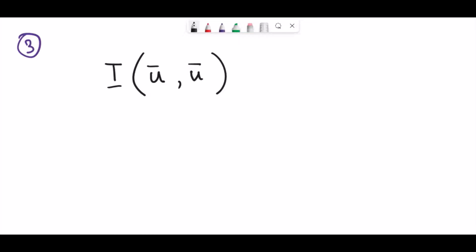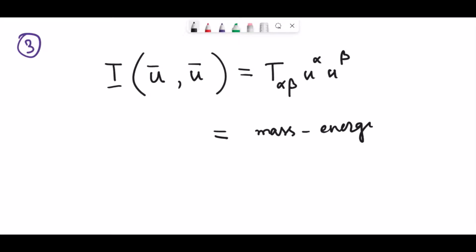In terms of components, this is going to give us T alpha beta, U alpha, U beta. And the meaning of this is very straightforward. And that is the mass energy density.